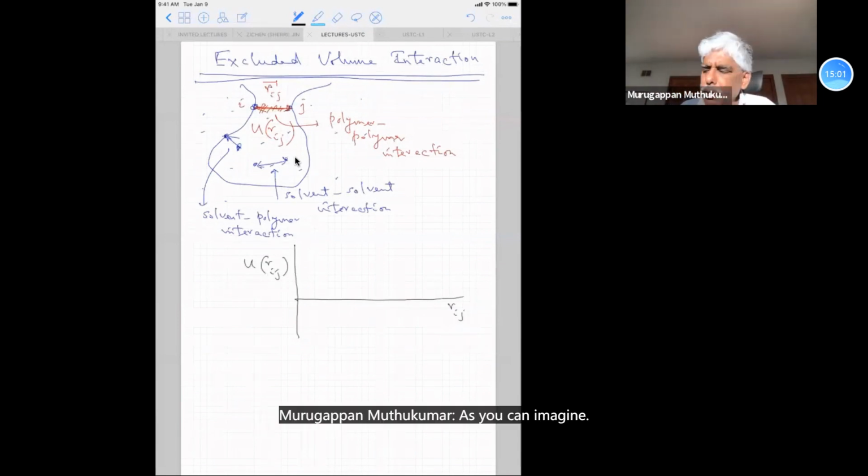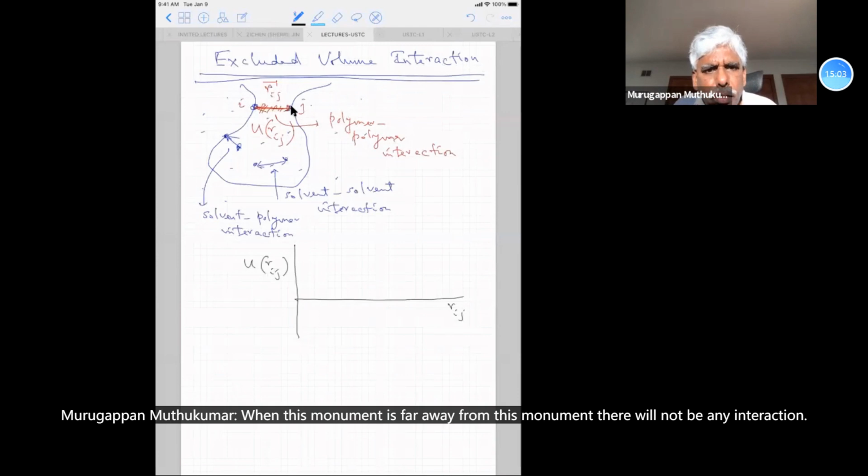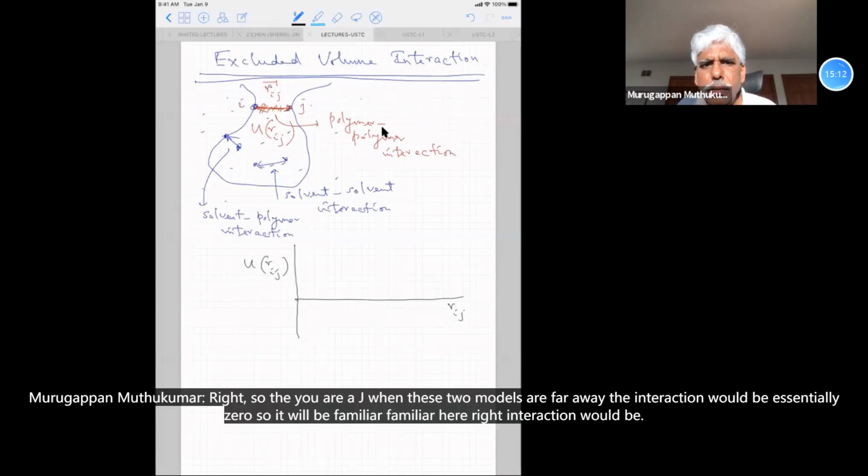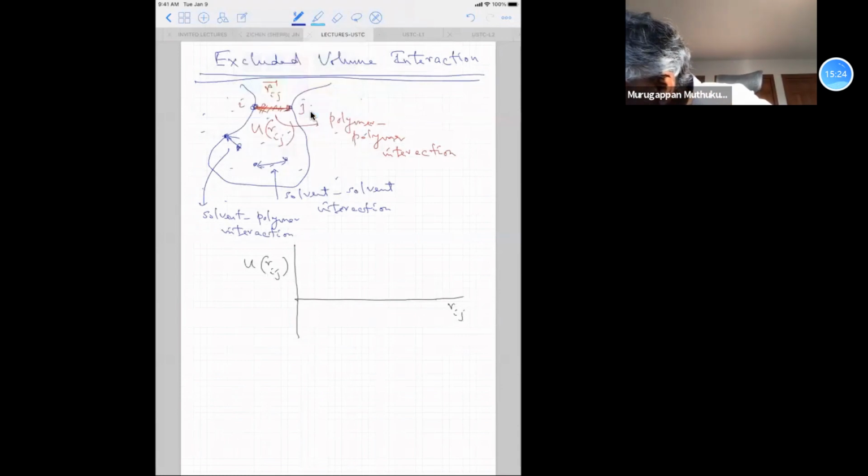As you can imagine, when this monomer is far away from this monomer, there will not be any interaction. So the U(Rij) when these two monomers are far away, the interaction would be essentially zero. So it will be somewhere here.